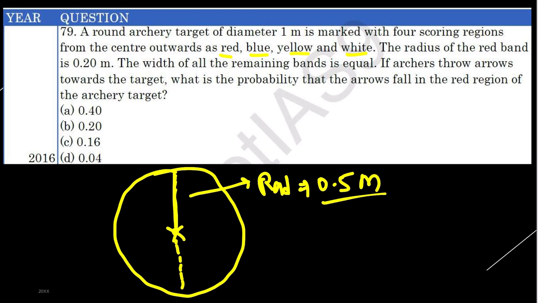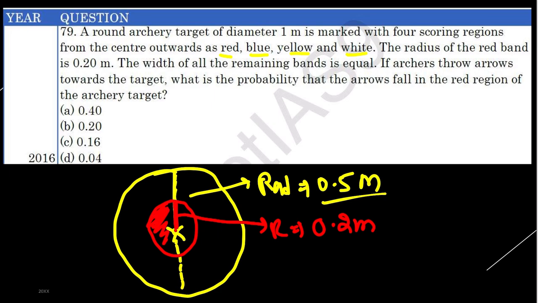Radius of red band is 0.20 meter. So if we see the radius of red band, that is 0.20 meter, right? And the width of all the remaining bands is equal. So this is the red band.